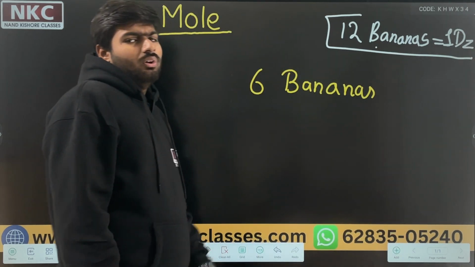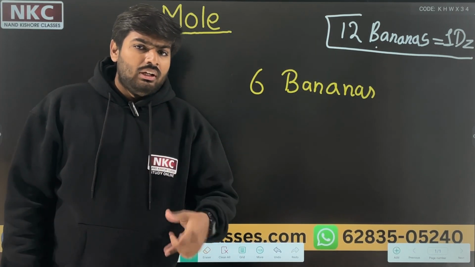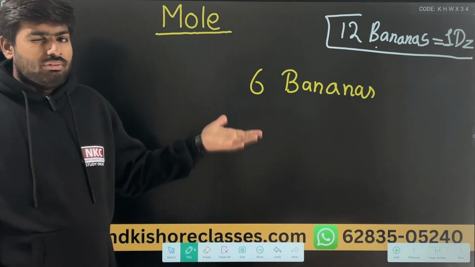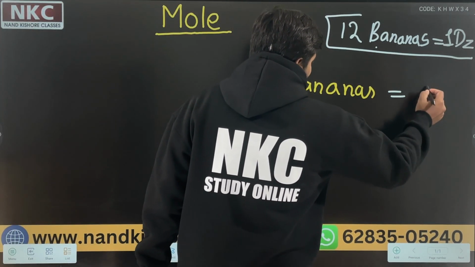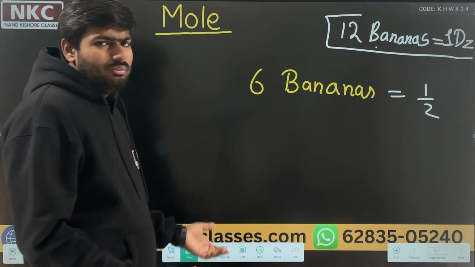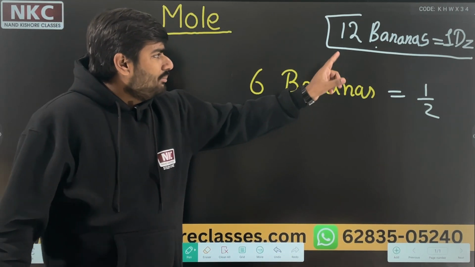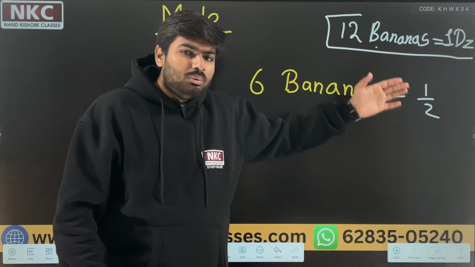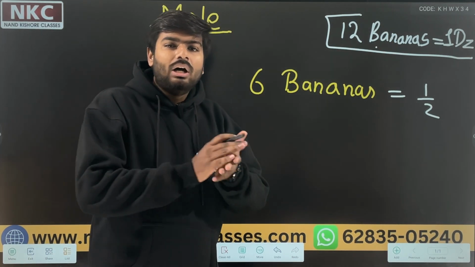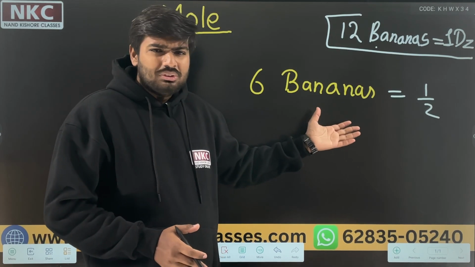Then how much dozen do you have right now? All will say, sir, this is 1 over 2, because 1 dozen means 12, but here there are 6 only, which is just half. So on the right side we will also write half. This is how simple it is.